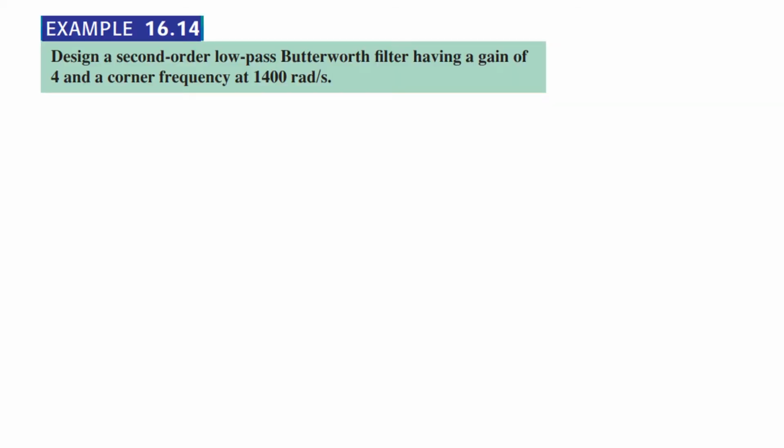Now let's see the example. Design a second order low pass Butterworth filter having a gain of 4 and a corner frequency of 14 radians per second. Okay, we know that the corner frequency is given by omega is equal to 1 over RC.